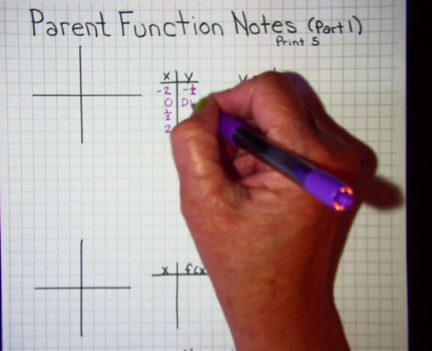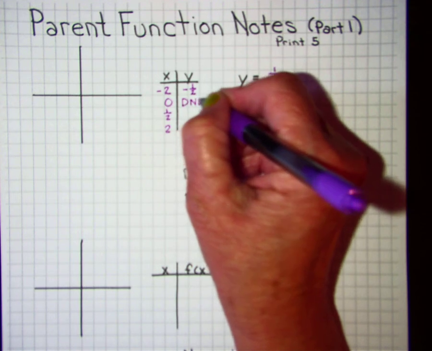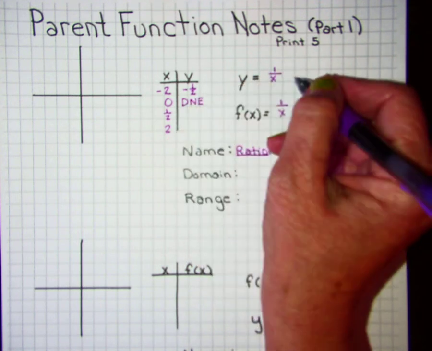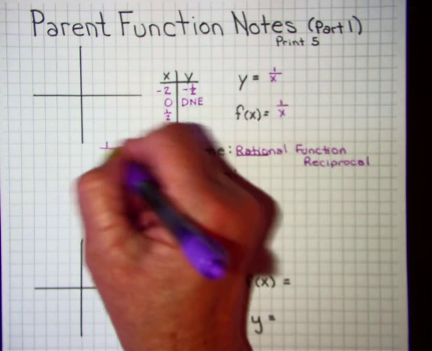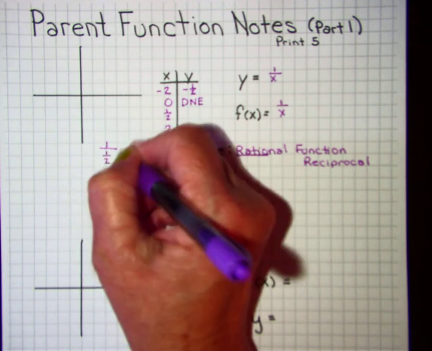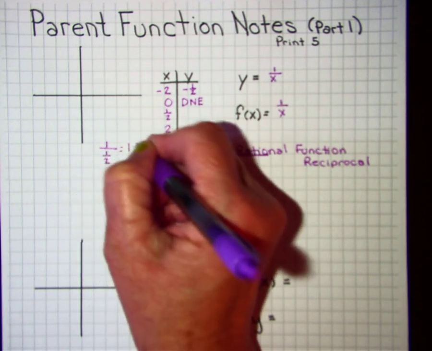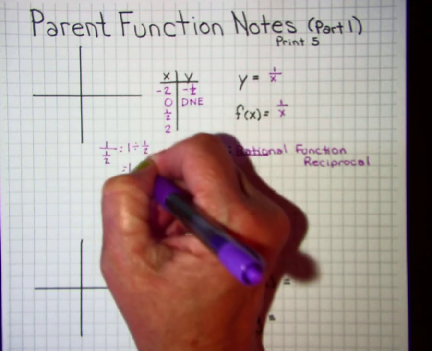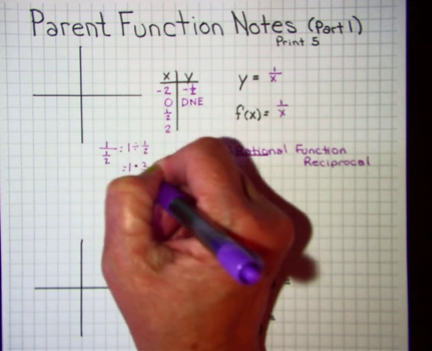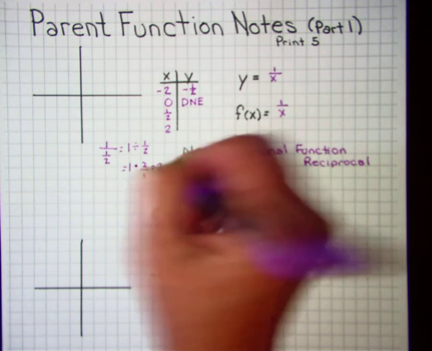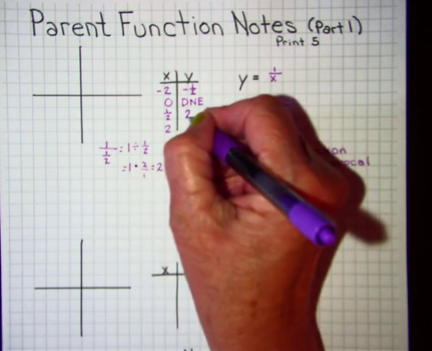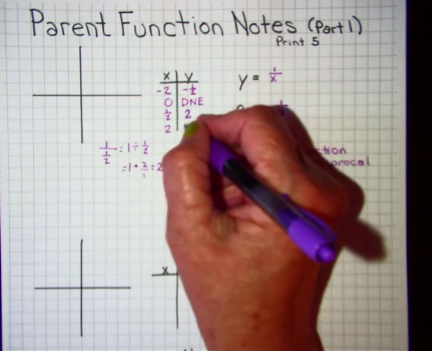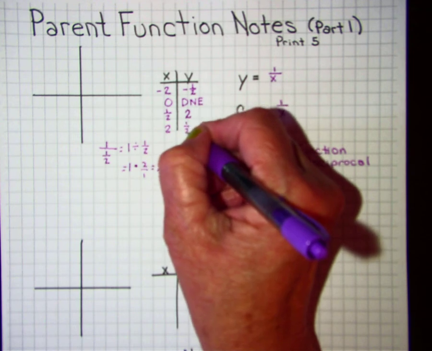So here we just have a DNE. At 1/2, I have 1 over 1/2. That's just like saying 1 divided by 1/2, which is the same thing as saying 1 times 2 over 1. So it just equals 2. When I put 2 in here, it becomes 1/2 again.